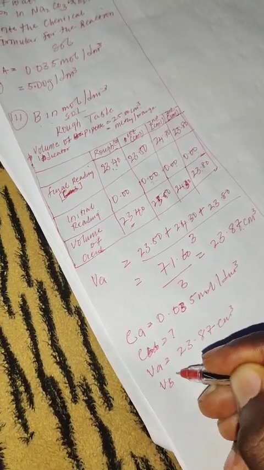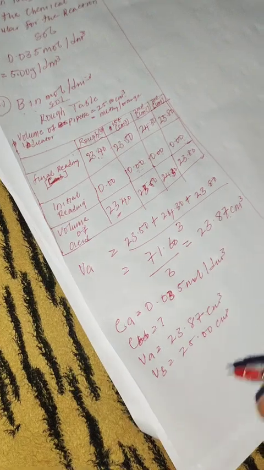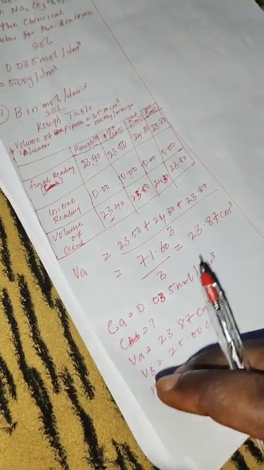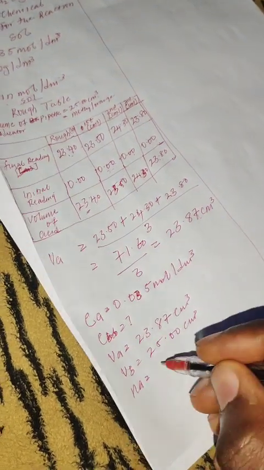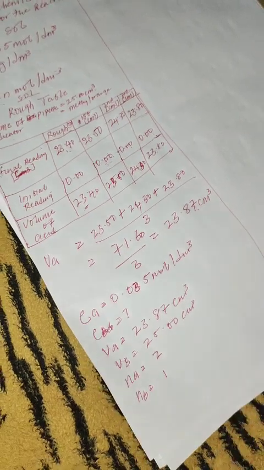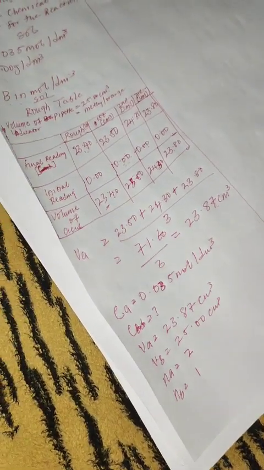Then my VB was given to us as 25.00 cm3. Then my NA, I showed you how I had my NA in the previous video. It was 2. Then my NB was 1. So with that, all I need to do is just to carry out my equation.